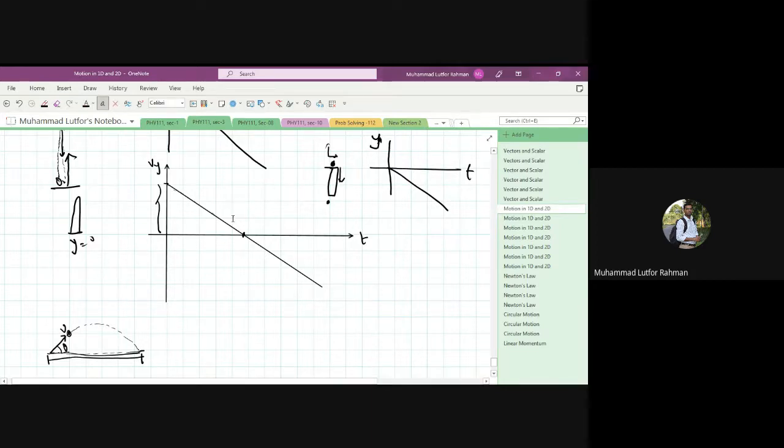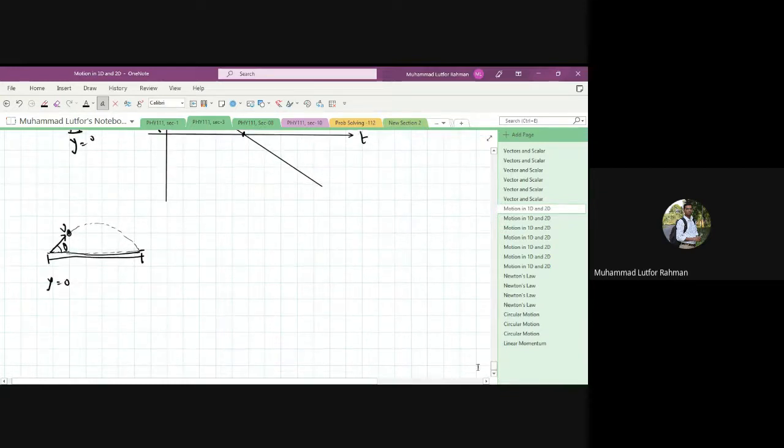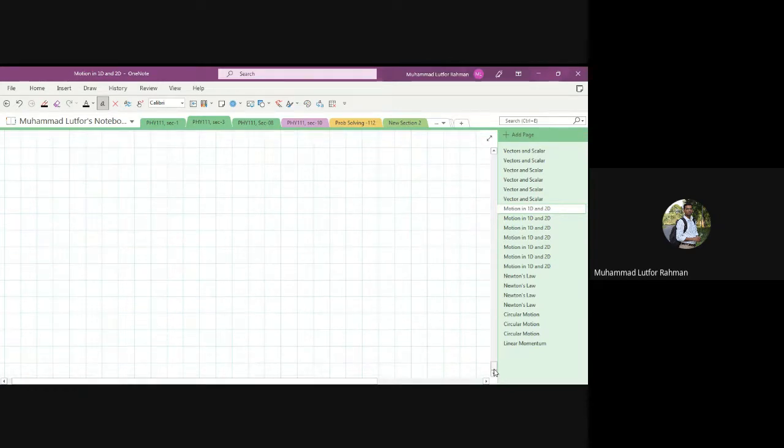All right, so now I'm going to talk about basically that projectile motion, which is two-dimensional motion under the influence of gravity.